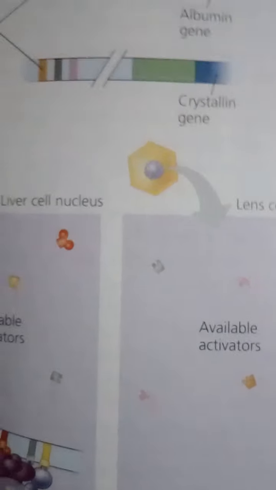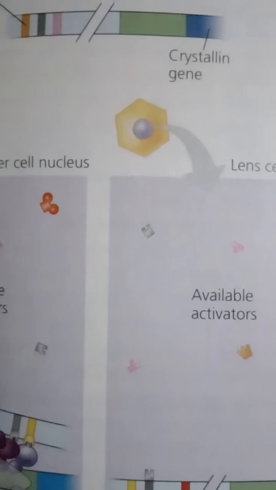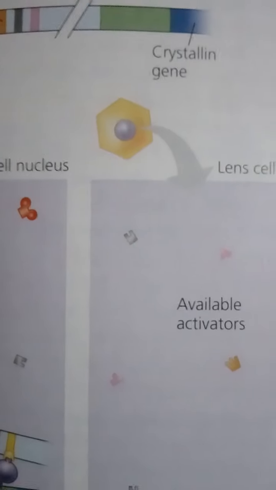Many signal molecules, such as non-steroid hormones and growth factors, bind to receptors on a cell's surface and never actually enter the cell. These kinds of signals can control gene expression indirectly by triggering signal transduction pathways that lead to activation of particular transcription activators or repressors.